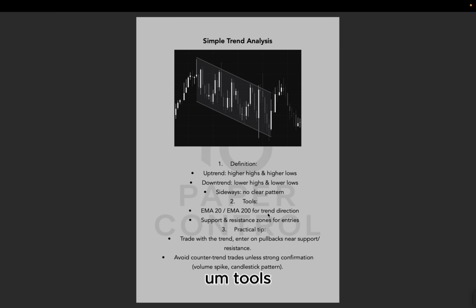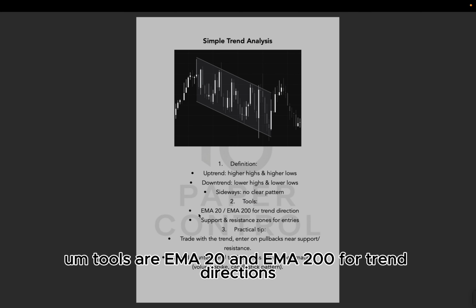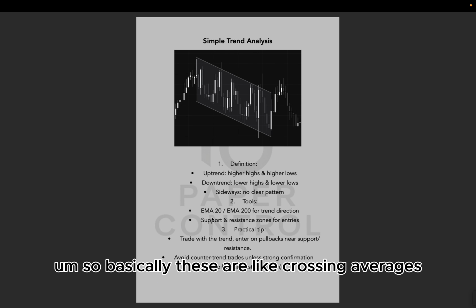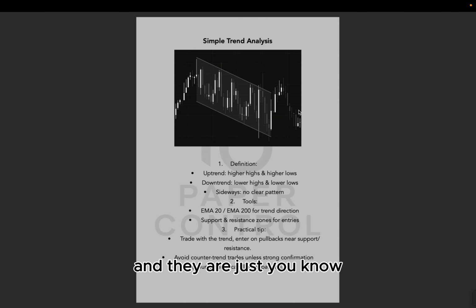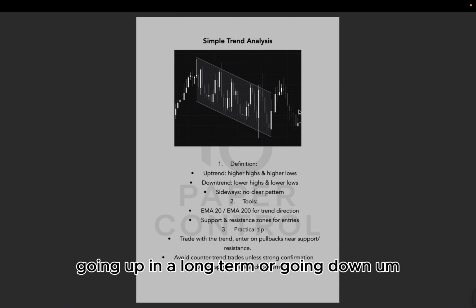Tools are the EMA 20 and EMA 200 for trend direction. These are moving average lines on the chart that show you the price going up or down in the long term.